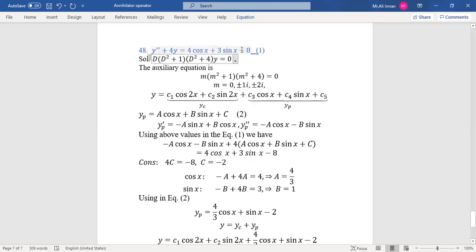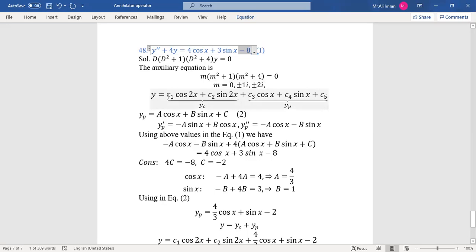The second term in the non-homogeneous part is 8. 8 is a constant, and the annihilator operator for a constant is D power 1. So its auxiliary equation will be m into m squared plus 1 into m squared plus 4 is equal to 0. If we simplify this, we will have m equal to 0, plus minus 1 i and plus minus 2i.